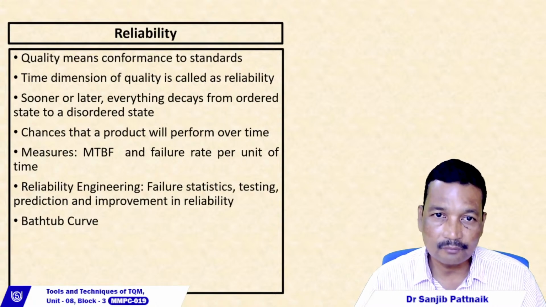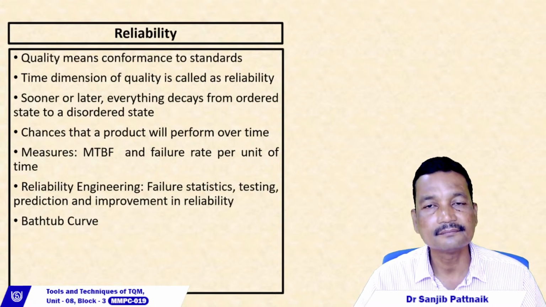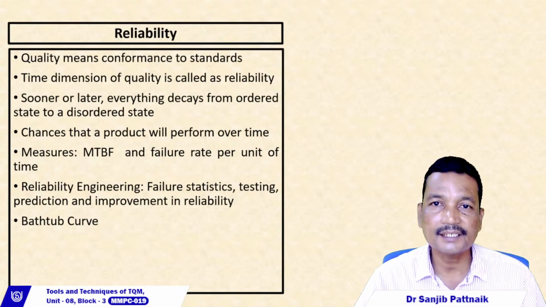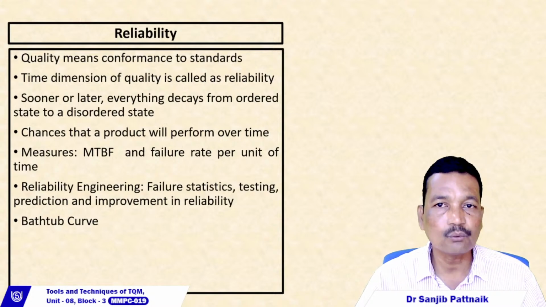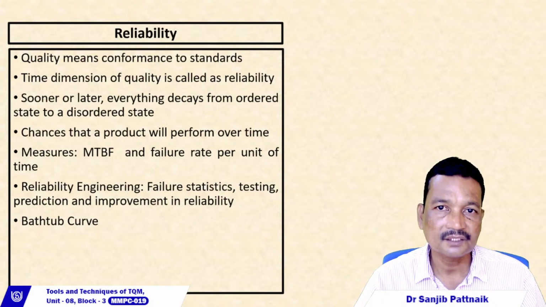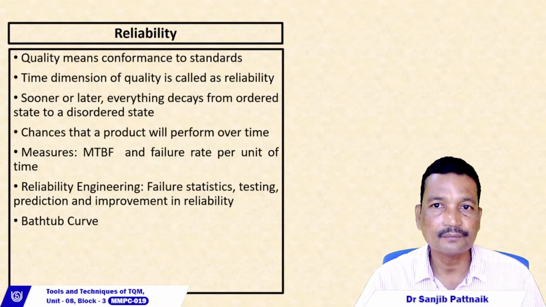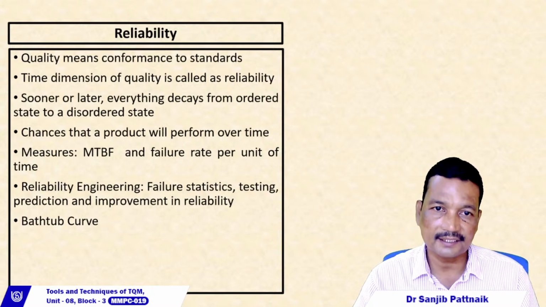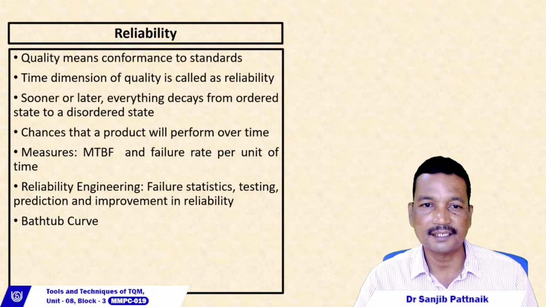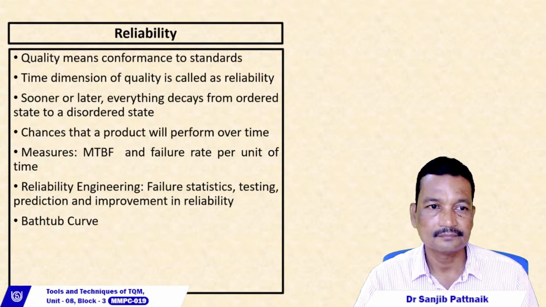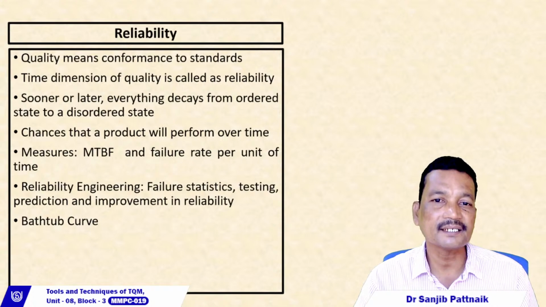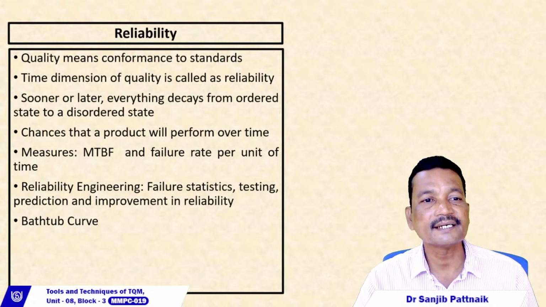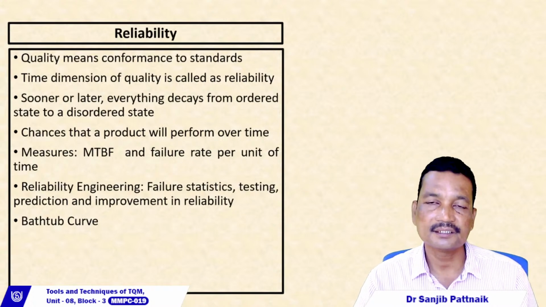Now, this conformance to standards, is it always there till the life of a product is over? So when we try to attach the time dimension of quality to conformance to standards, it is called reliability. Sooner or later, everything decays from an ordered state to a disordered state.